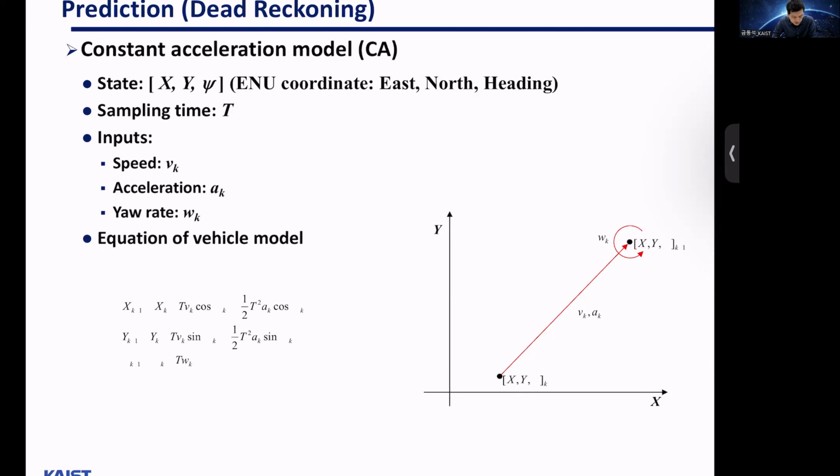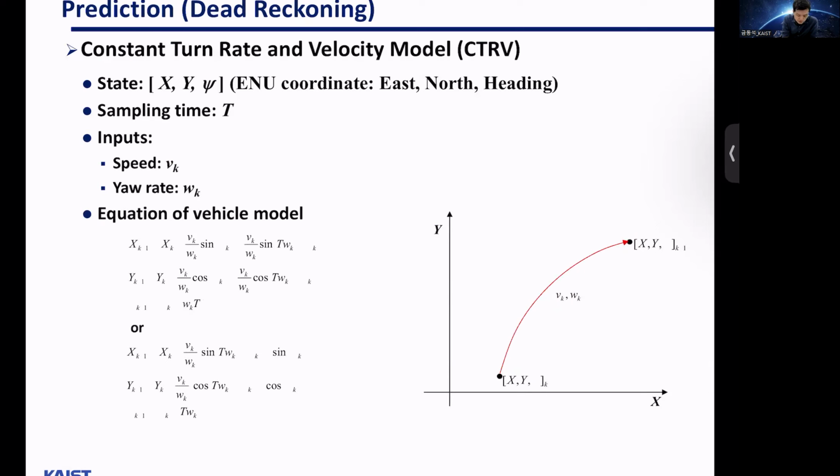Anyway, the point here is that depending on the model, you may be able to achieve a better accuracy. So you could use a constant acceleration model. You could use a constant turn rate and velocity model. Then the equations of motion become a little more complicated, but the prediction estimation will be more accurate.